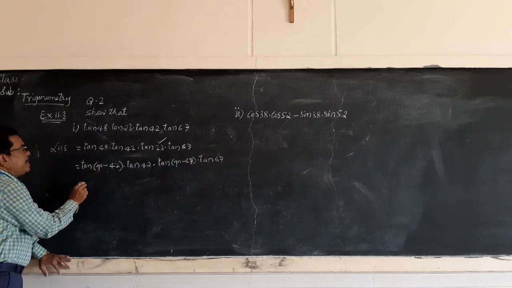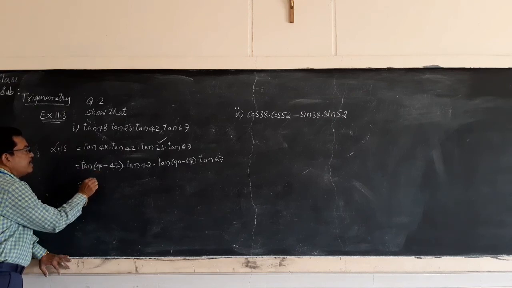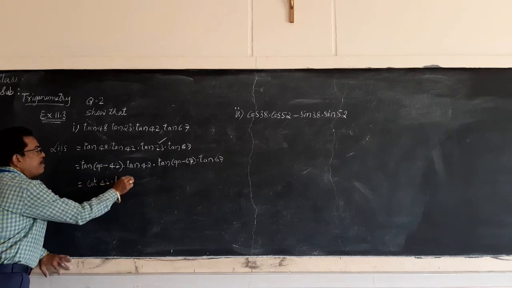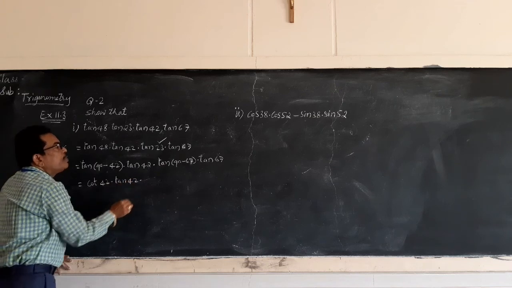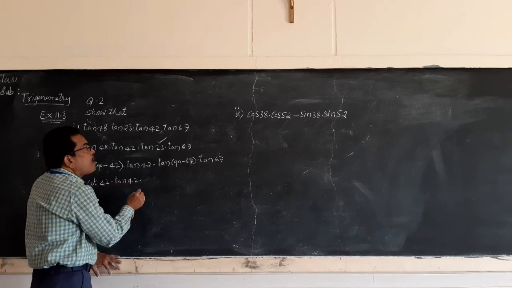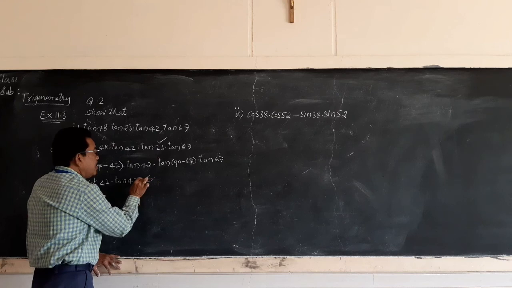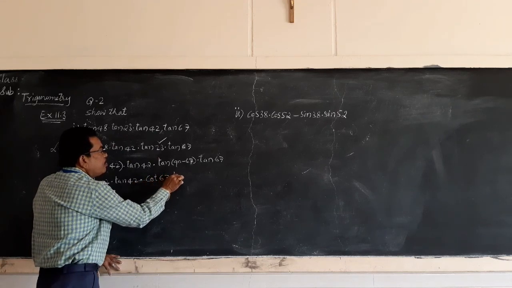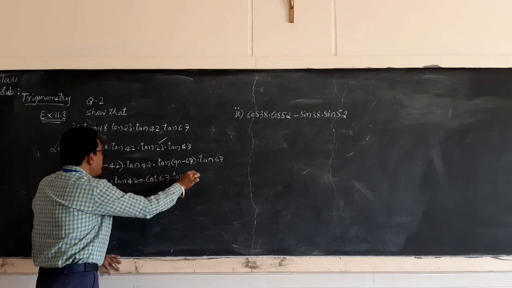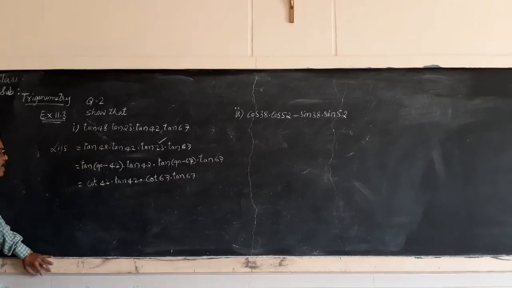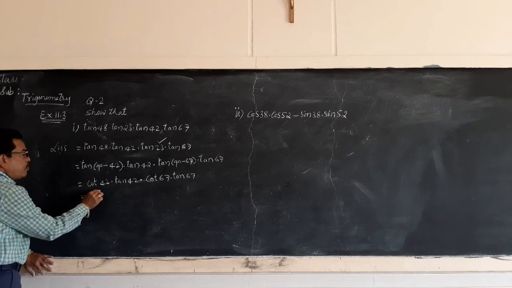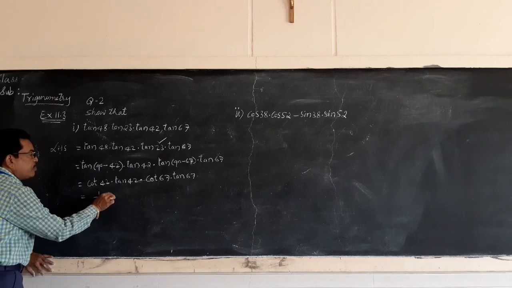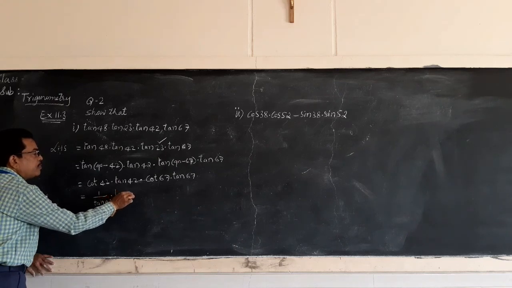Now, tan of 90 minus theta is cot theta, that is cot 42 into tan 42 into cot of 67 into tan of 67. Okay, cot 42 we can write as 1 by tan 42 into tan 42.